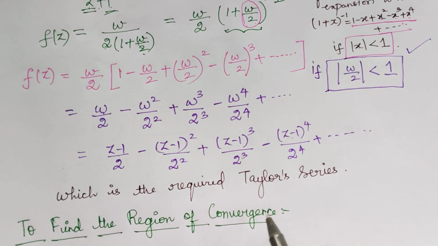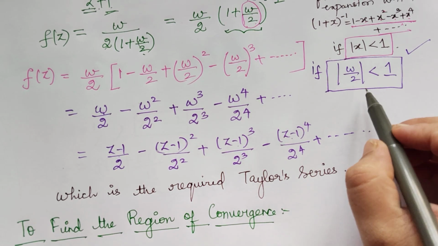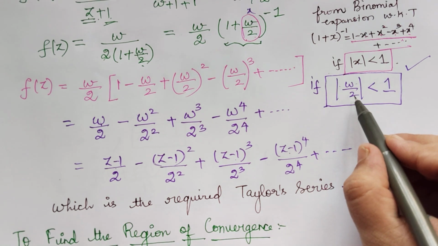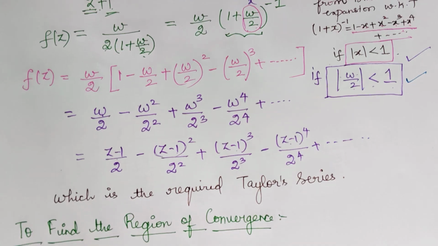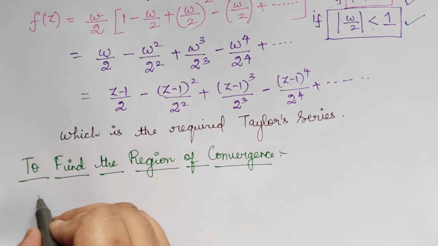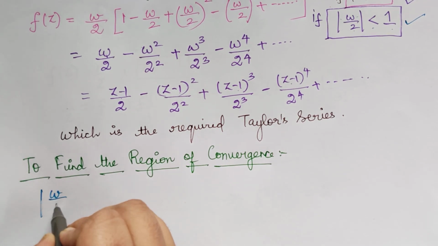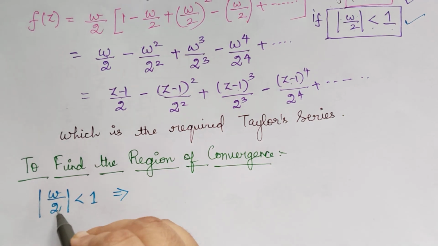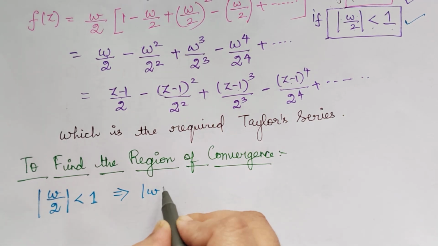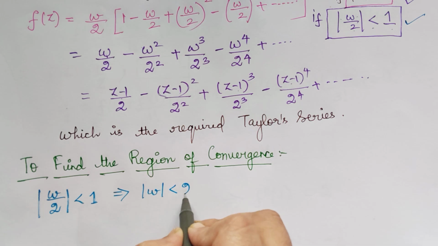Now we want to find the region of convergence, and we know that this Taylor series is valid if modulus of w by 2 is lesser than 1. With the help of this we are going to find the region of convergence. So the region of convergence is modulus of w by 2 lesser than 1, which implies, taking this 2 to the right, modulus of w lesser than 2.